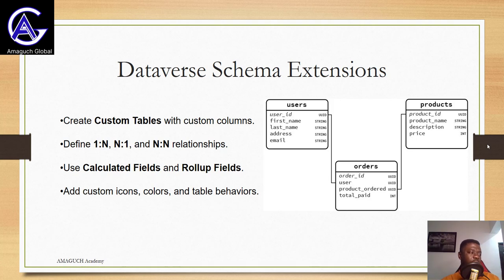We also have calculated fields and roll-up fields. Calculated fields are fields based off other records, where you want that field to be a calculation based on other information in other fields, while roll-up is information aggregated from other records, as the case may be. You could also add custom icons, color, and table behaviors in CRM.